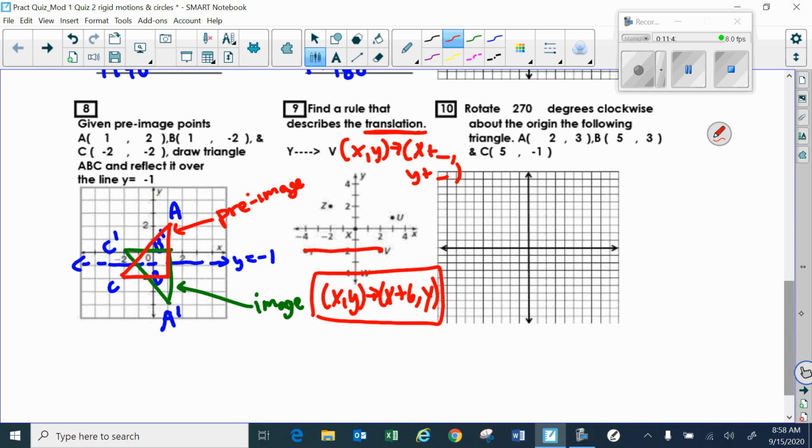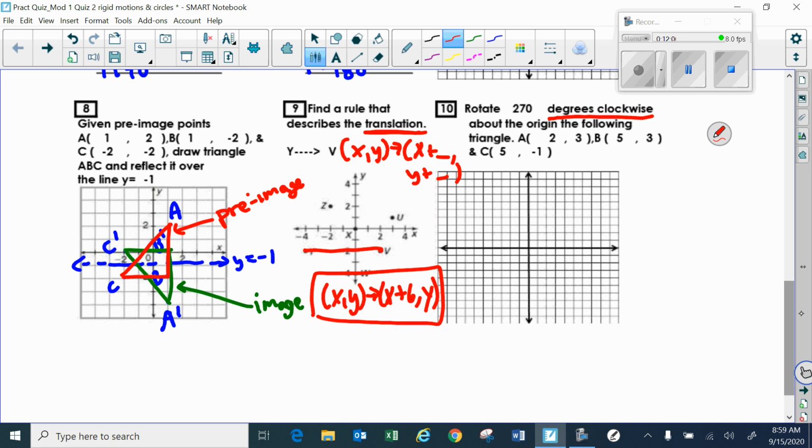Okay, last one. Rotation of 270 is the same thing as a rotation of negative 90. Oh, rotate 270 degrees clockwise. Hold on here. I forgot I wrote it in this form right here. Rotate 270 degrees clockwise.